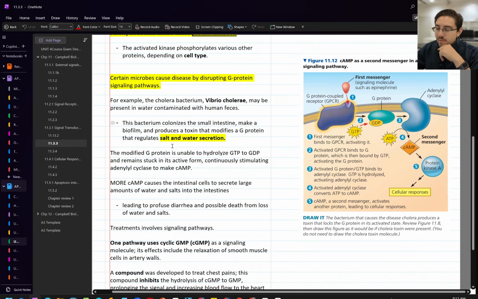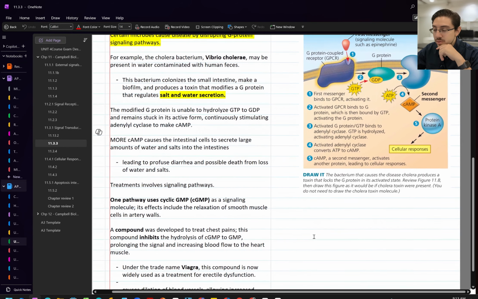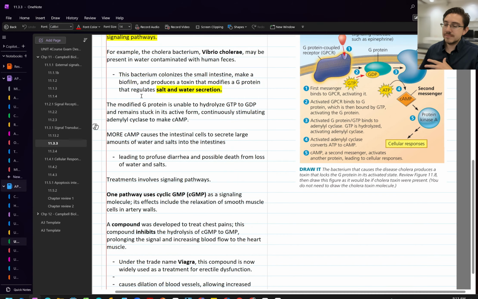It's present in water contaminated with human feces. If you drink contaminated water or ingest something contaminated with this bacteria, you will get diarrhea. This bacteria colonizes the small intestine, makes biofilm, if you remember from the previous video, and it will produce a toxin that will alter this G protein and ultimately produce an effect in terms of salt and water secretion.